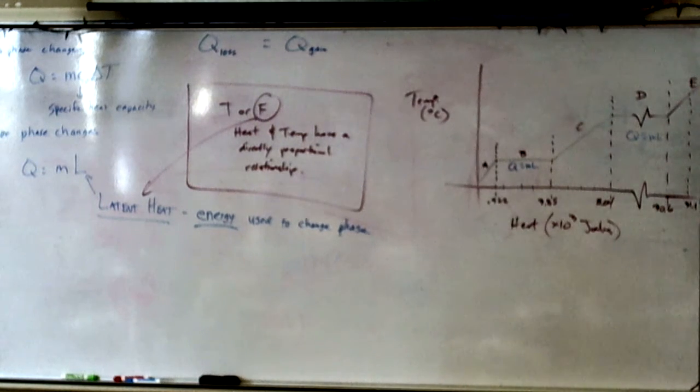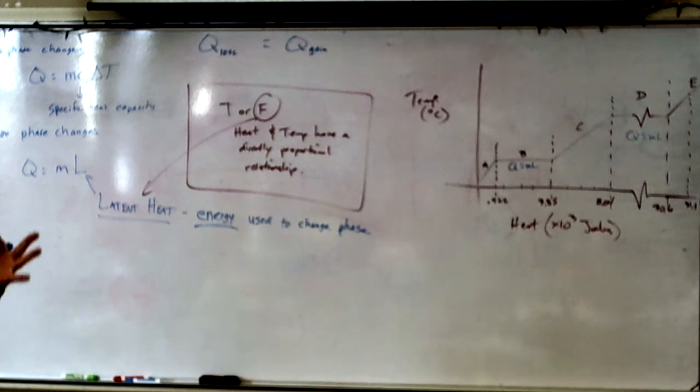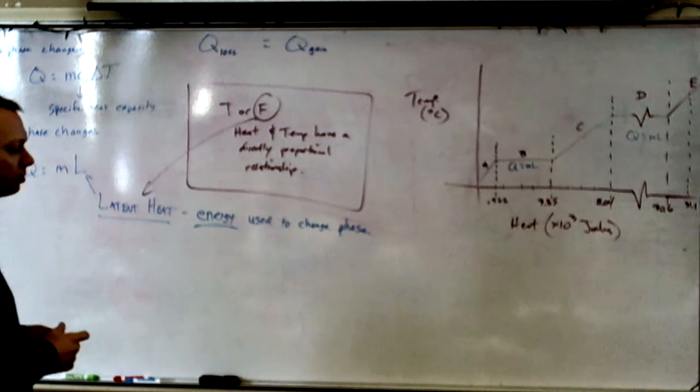Remember how I told you if we had a bowl of water in a vacuum, in a sealed box, and we took all the air out, the water would boil at room temperature just because it wants to fill up all that space. That's kind of interesting.